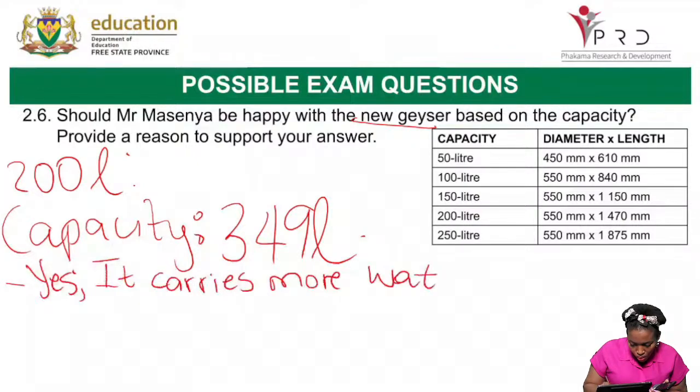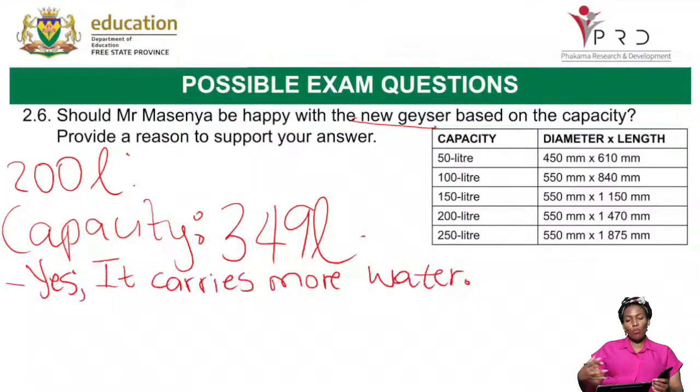It carries more water. But another person can say, no, he should not be happy, because if it carries more water, remember for a geyser to warm up, you need to warm it up using electricity.